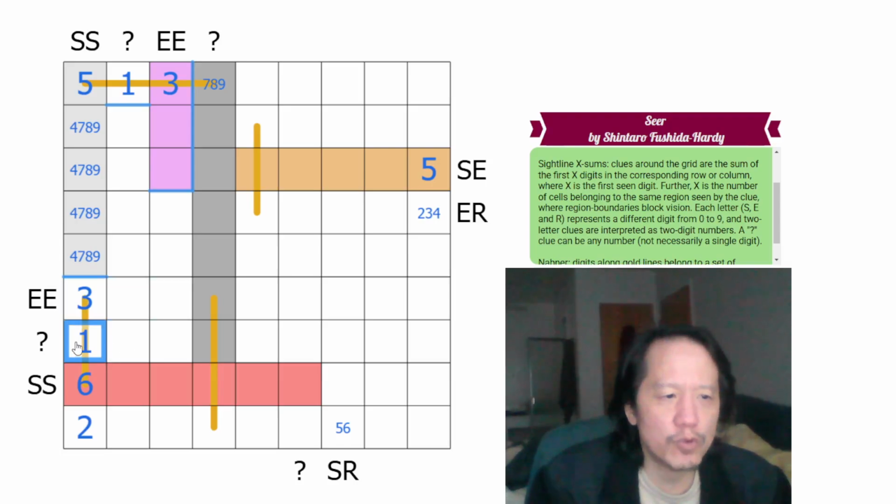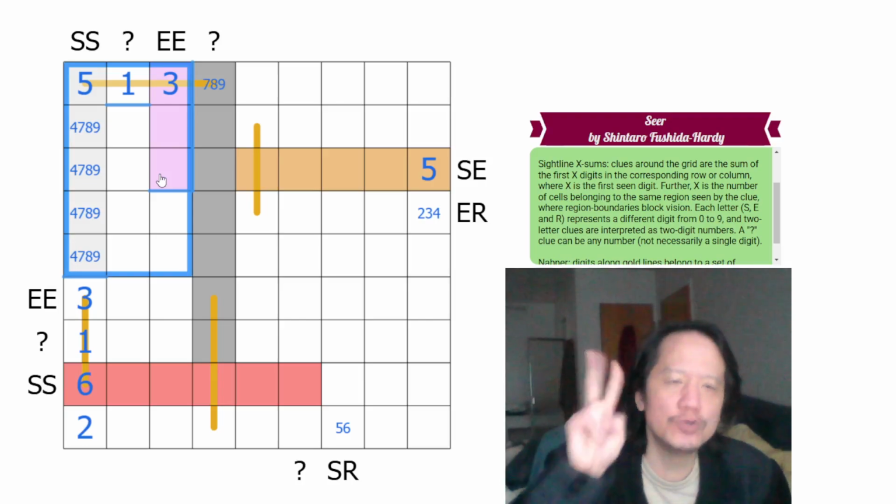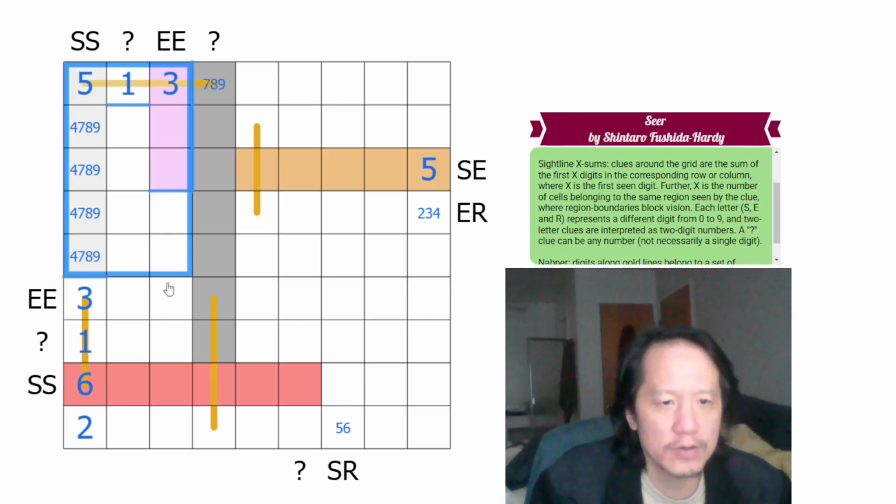So say this 1 actually was only part of the 3. The problem is you could have at most, how many digits now are in this region? It's 15. And you can't have 2 regions full here.